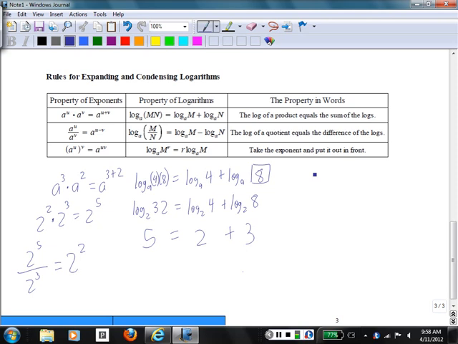We can rearrange these and write it as a subtraction. How about this? Log base 2 of 4 equals log base 2 of 32 minus log base 2 of blank. Is it 8 again?